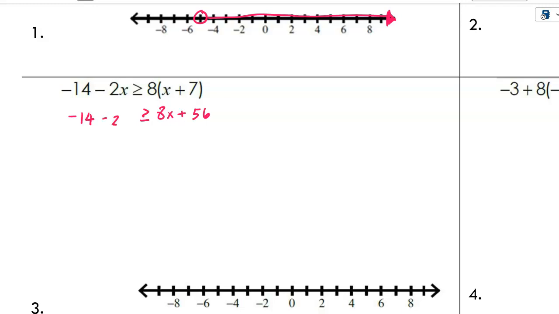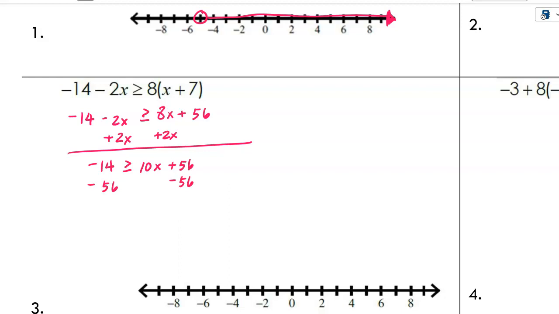Negative 14 minus 2x. Let's go ahead and move the 2x to the other side because I just like moving positives. I try not to deal with negative coefficients of x.